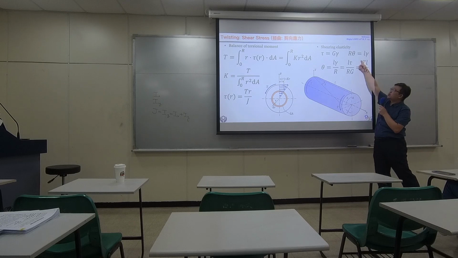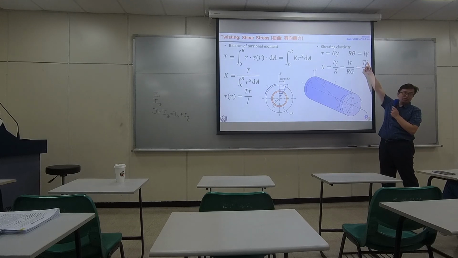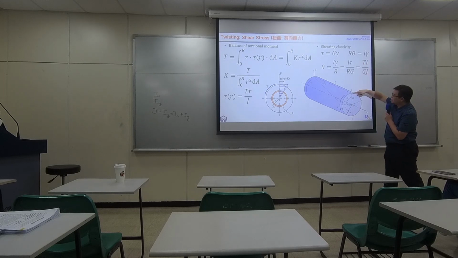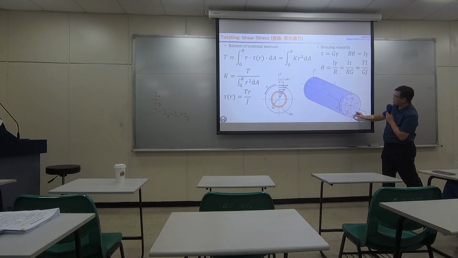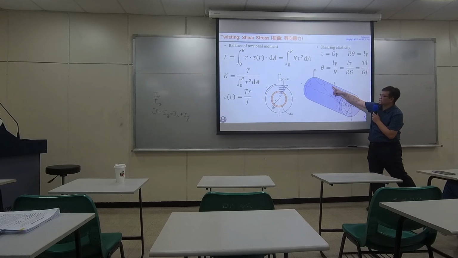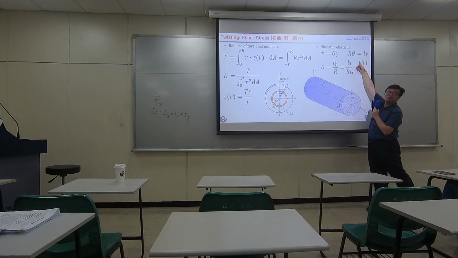So this equation is only valid when we have very small deformation. This arc length can be computed by radius times theta, also only valid for small deformation.